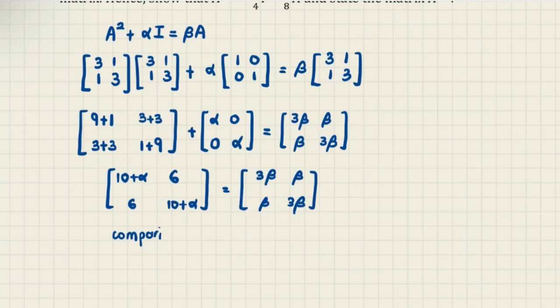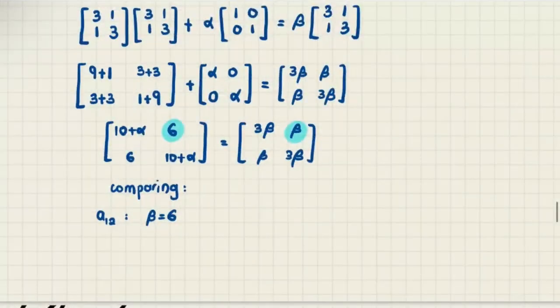Okay, now by comparing, so first of all, 6 akan sama dengan beta. So kita dapat by comparing one element of 1, 2. So saya dapat beta sama dengan 6. Okay, and then I'm going to compare element of 1, 1. So dekat sini kita ada 10 tambah alpha equals to 3 beta.